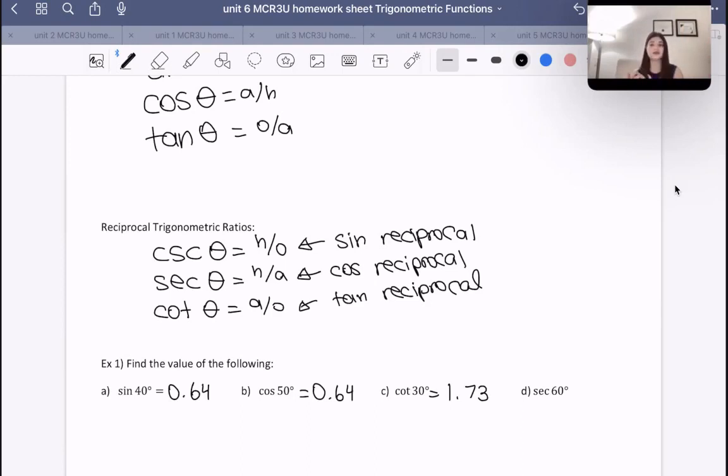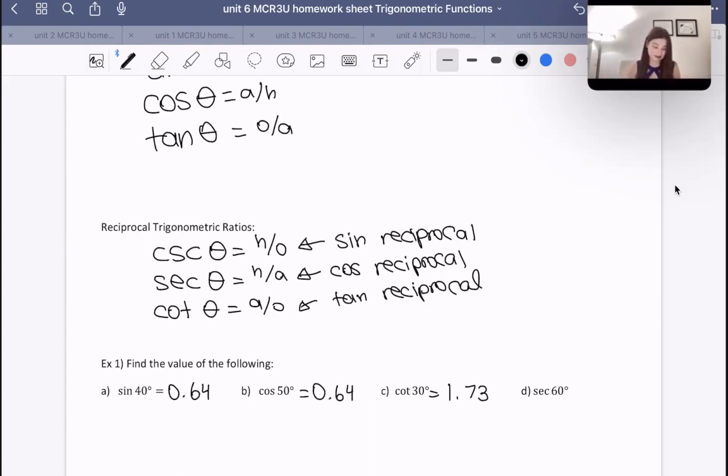I end up with a completely different answer. So make sure that for finding these, even though we don't have any cotangent buttons on our device, we can use 1 divided by tan 30, and that will get us the correct answer.